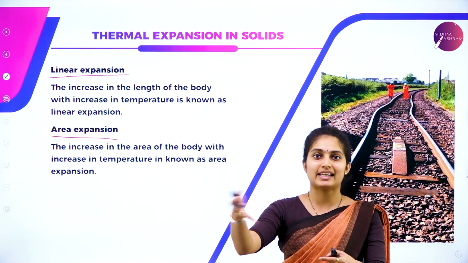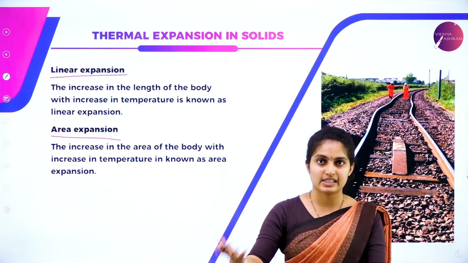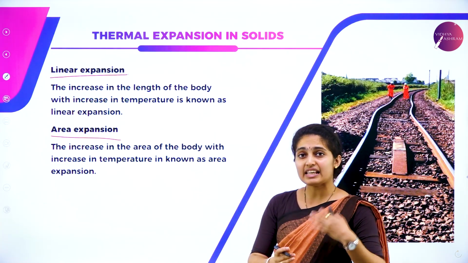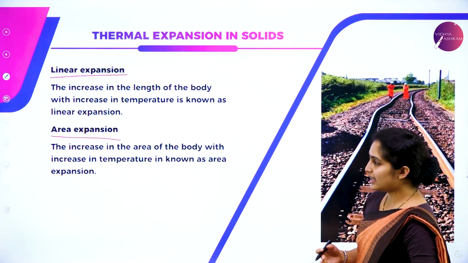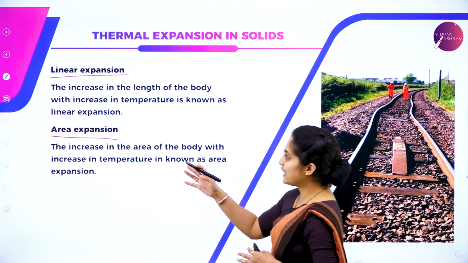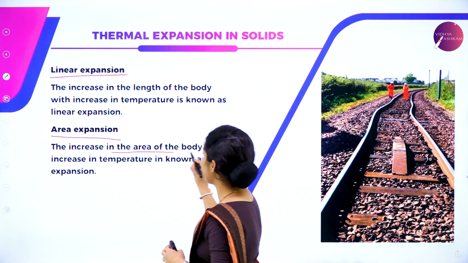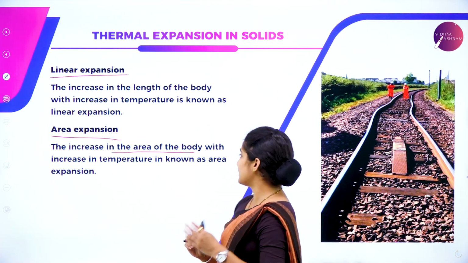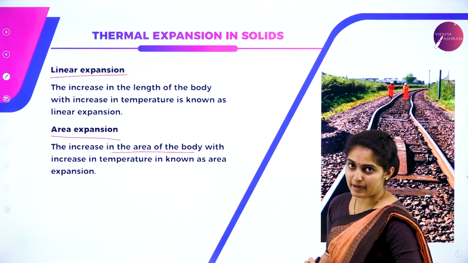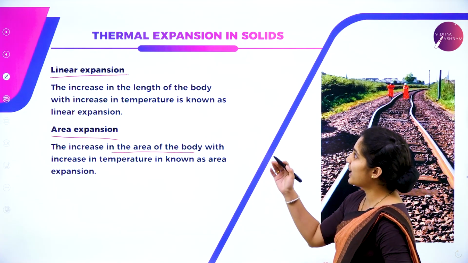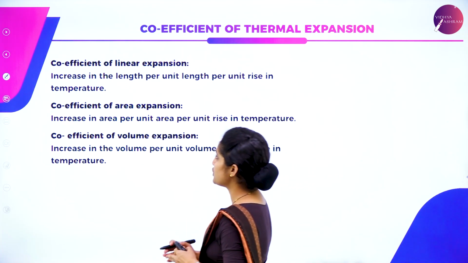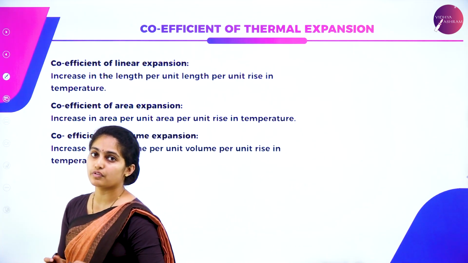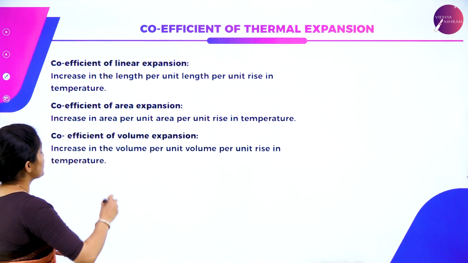The change in its length, dimension or configuration. Similarly, area expansion means the increase in the area of the body with increase in temperature. With respect to this, we have the coefficient of linear expansion and coefficient of area expansion as well as coefficient of volume expansion.